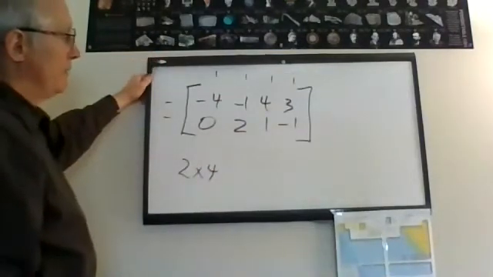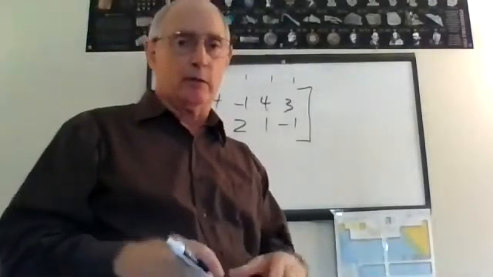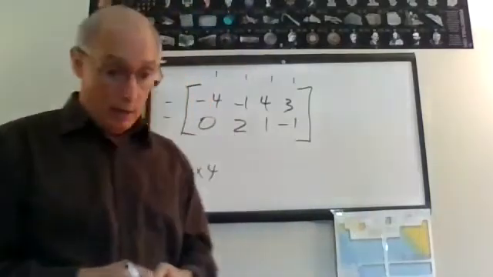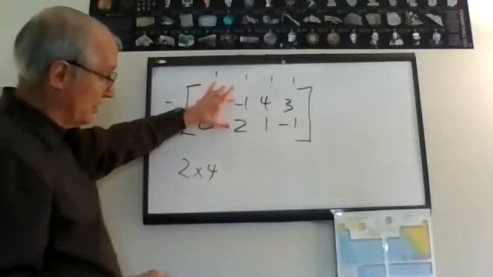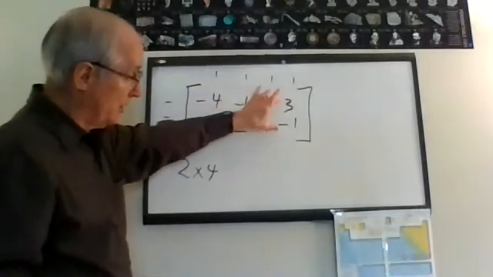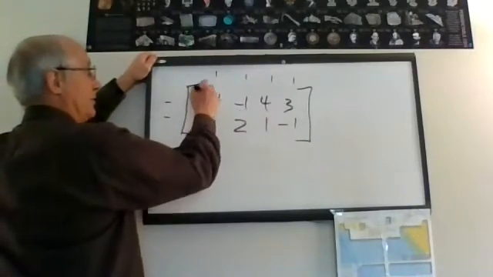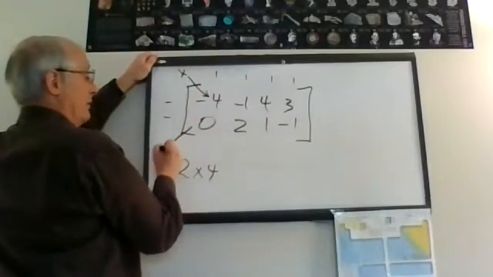Okay, and you can have Cartesian coordinate points, ordered pairs, you might call them, represented in a matrix. This is 1 point, this is another point, a third point, and a fourth point. So what are you telling me? I'm telling you that this is the X value, and this is the Y value.